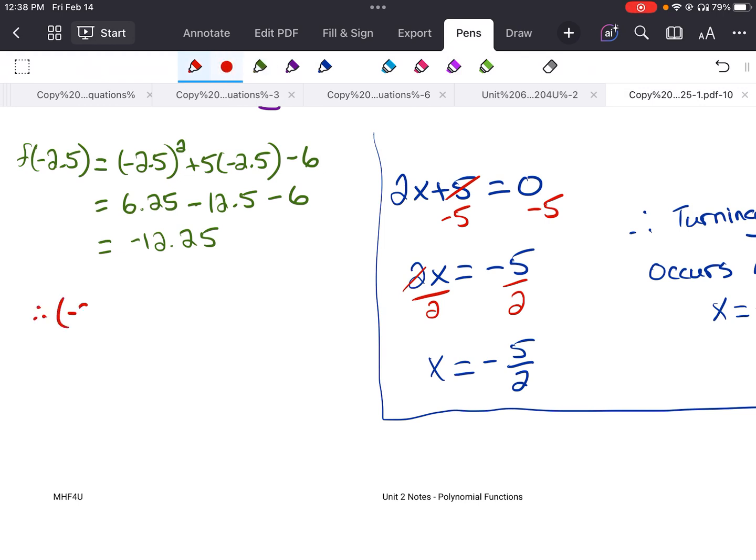And again, what that tells us is negative 2.5, negative 12.25 is a turning point.